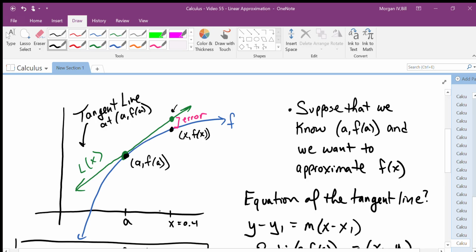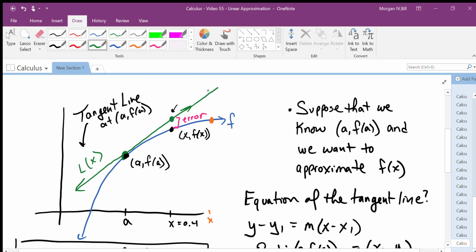So we need to pick an a that is fairly close to x. It can't be too far away, because if a and x are too far away, what happens is, if your x is, you can even just picture it a little bit further down the road here, now the function value at that particular x is here, but keep this line going, right?